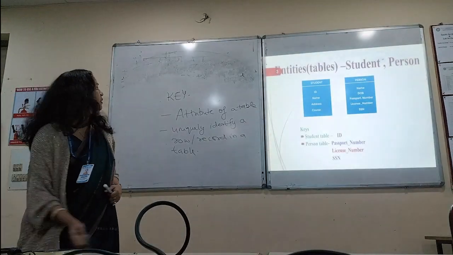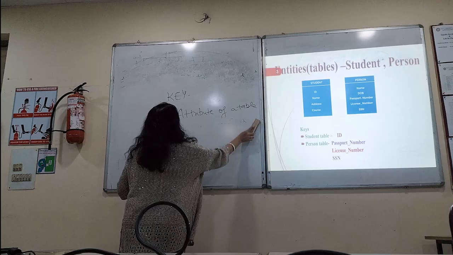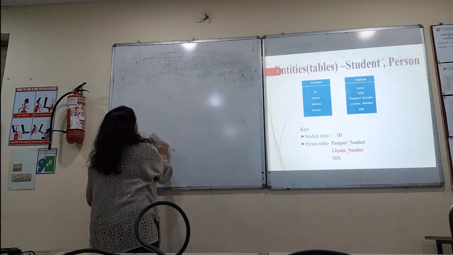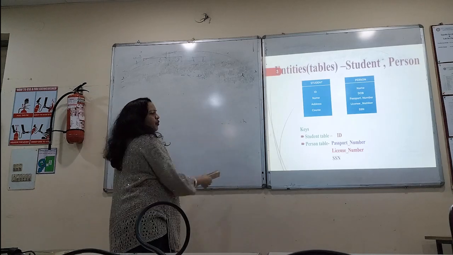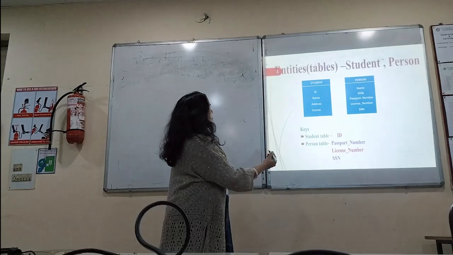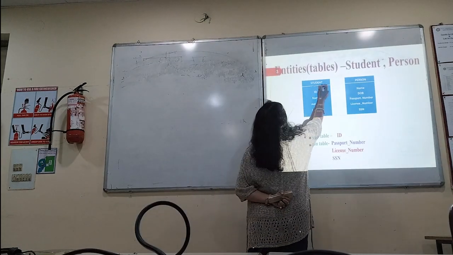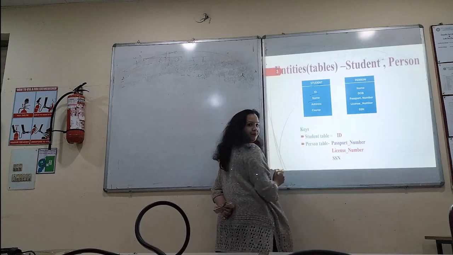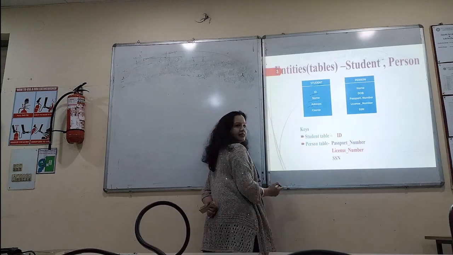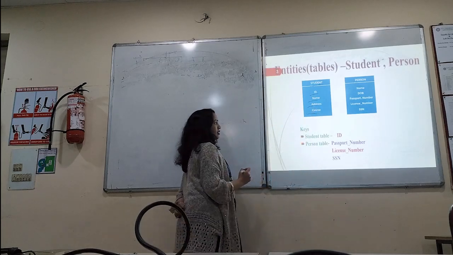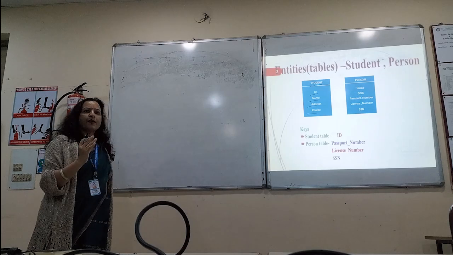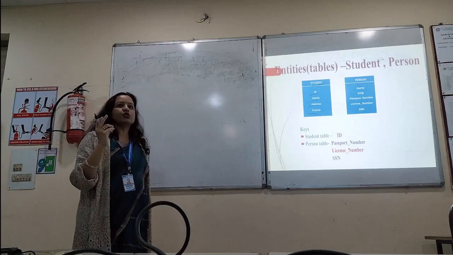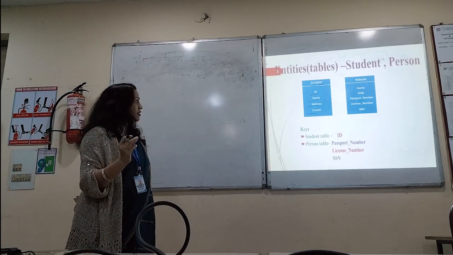This student is an entity which has some information about it. So what is the information about this entity? A student may have an ID, a name, an address, a course. So all these are attributes of the entity student, right?